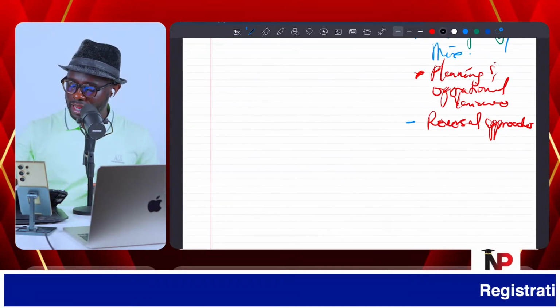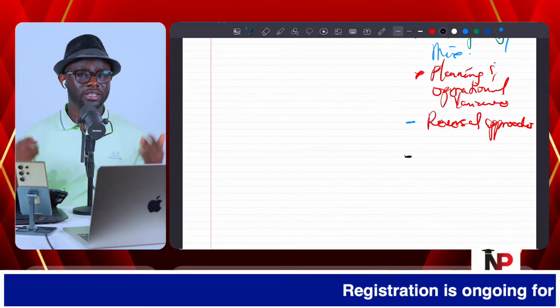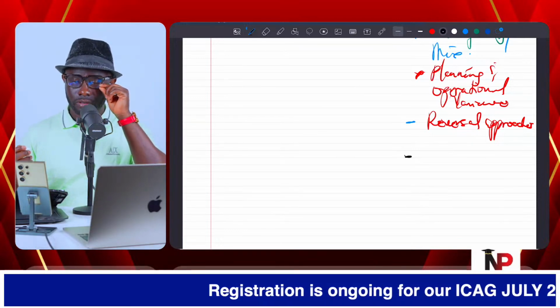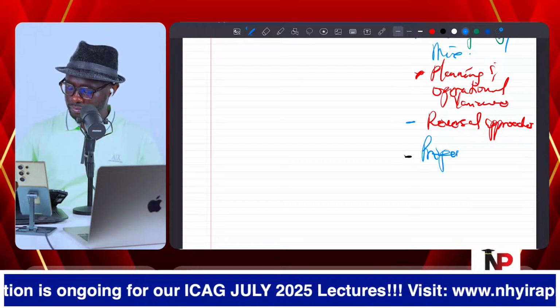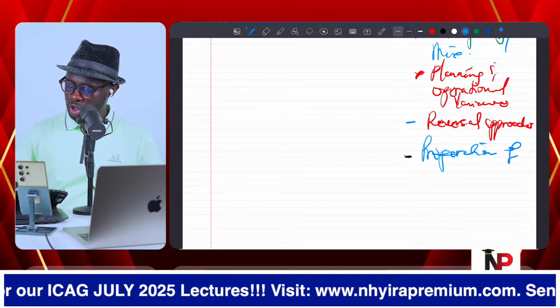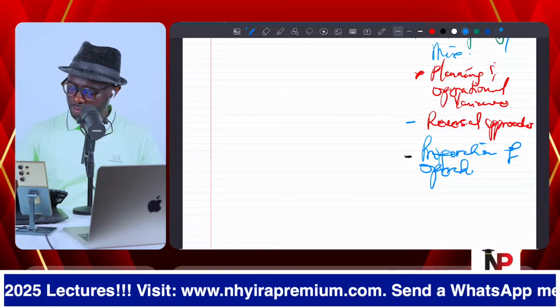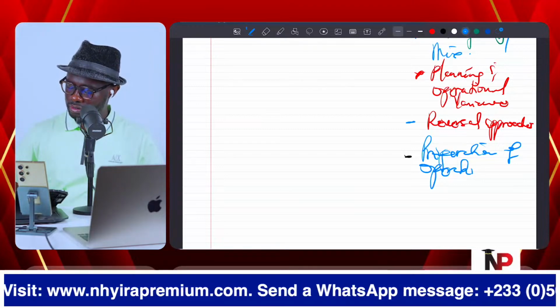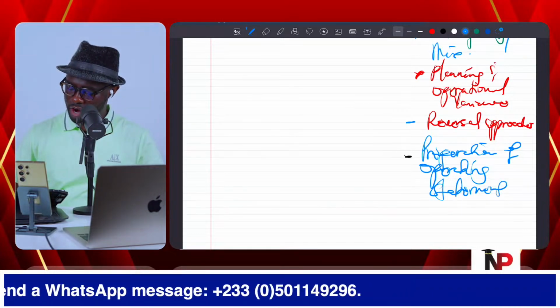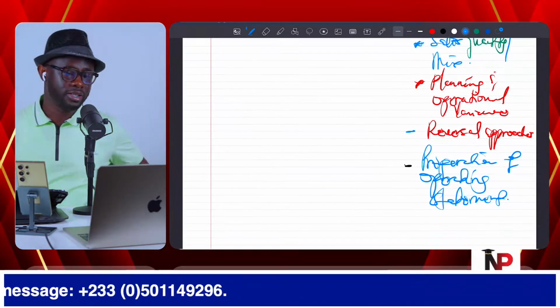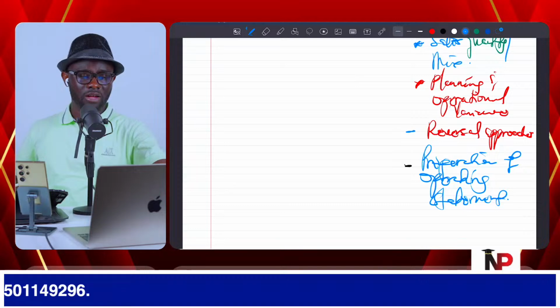Then certainly the last thing under the calculation aspect is the preparation of the operating statement. All right? The preparation of operating statement. Now, what is this about?